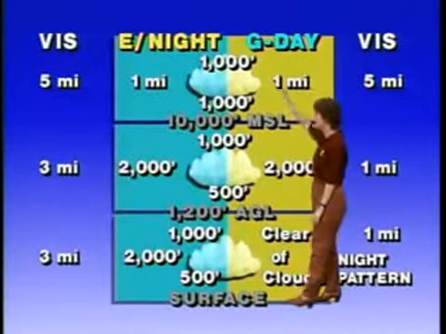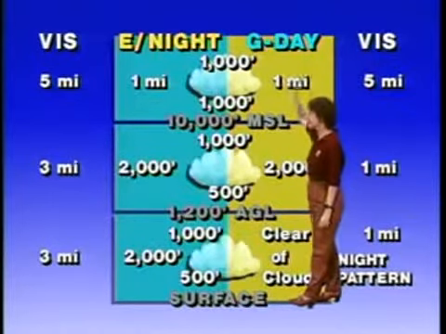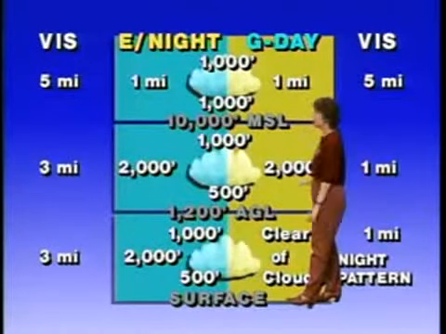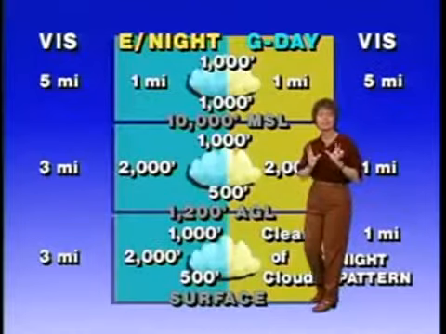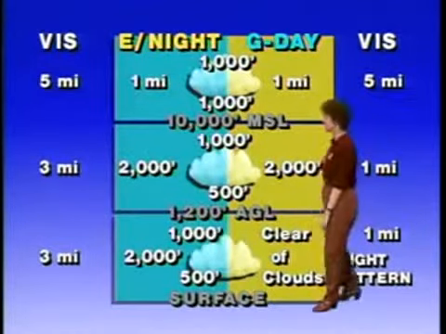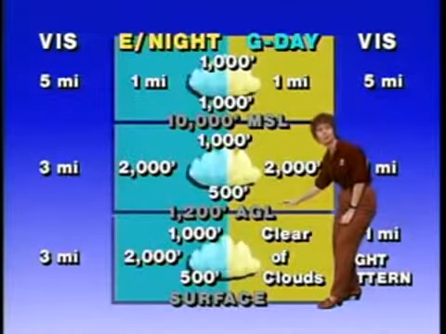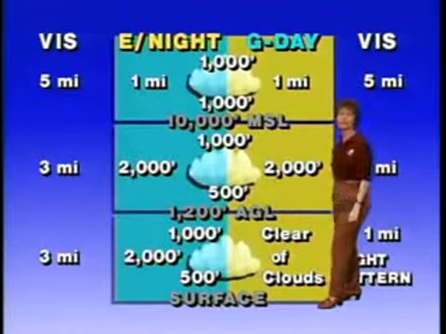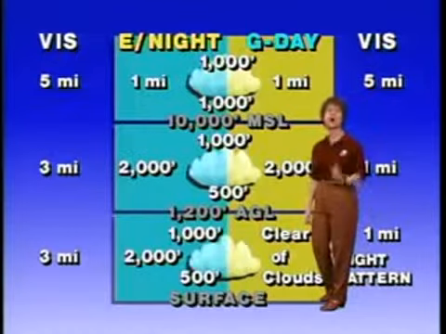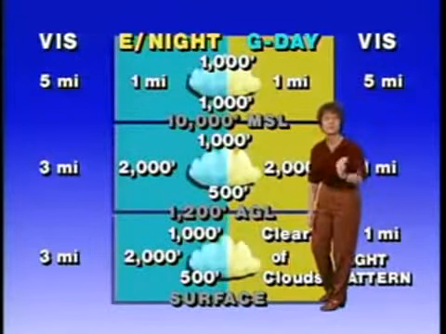First of all, in uncontrolled airspace, Class G airspace during the day. In Class G airspace in the daytime, as long as you're operating at or below 1,200 feet above ground level, your weather minimums are pretty darn minimum.